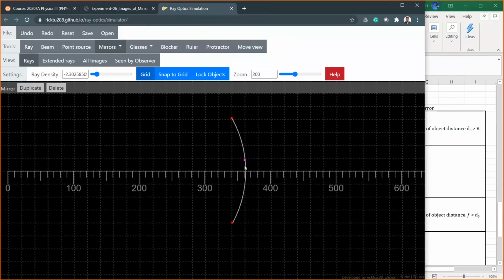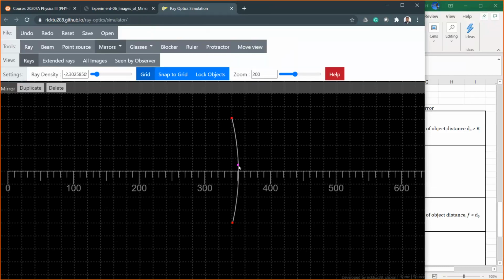You see that? Now the mirror shape you can change. I need the concave, which means if I'm planning to put the object on my left hand side, this should be curved towards there. It should look like that, and you can adjust how much the curvature is, which decides the radius of curvature.